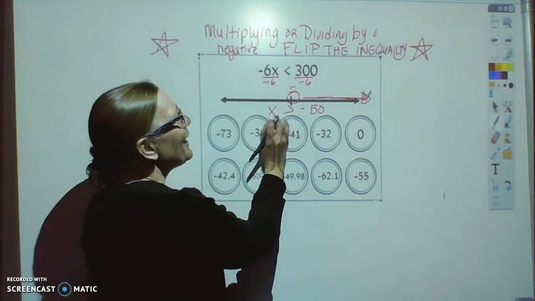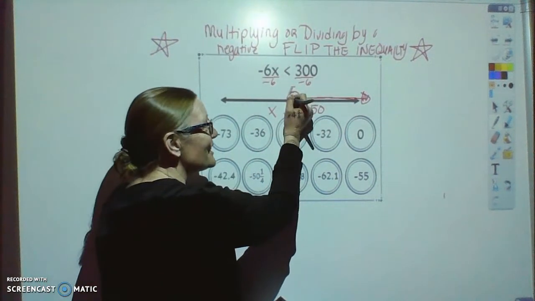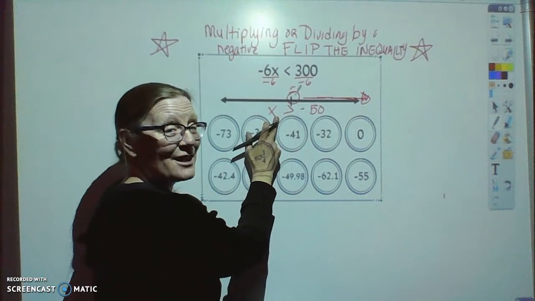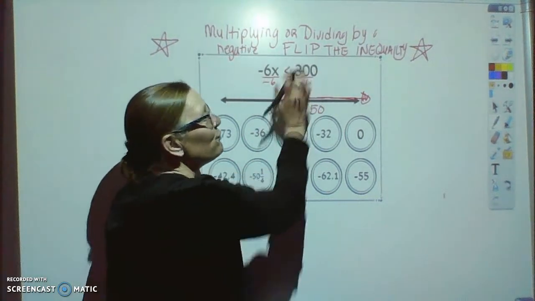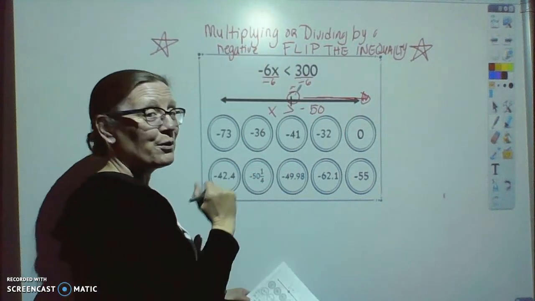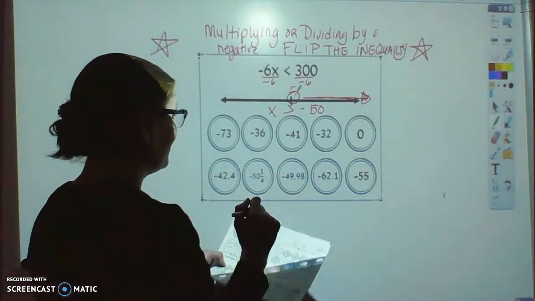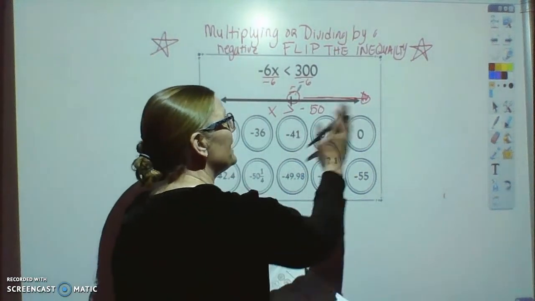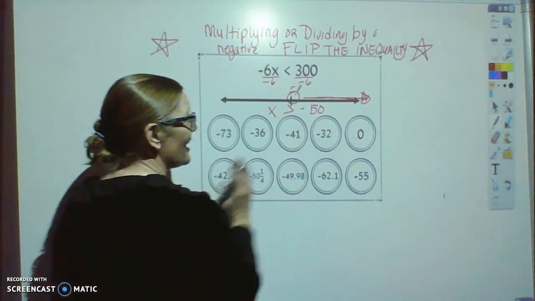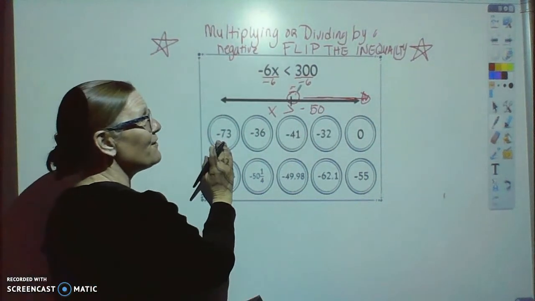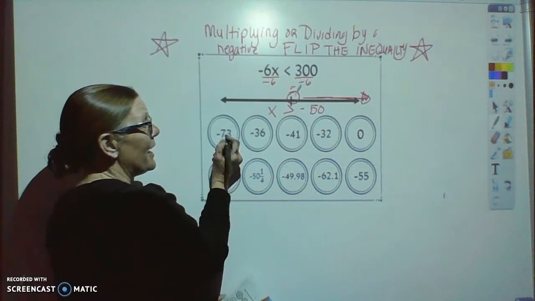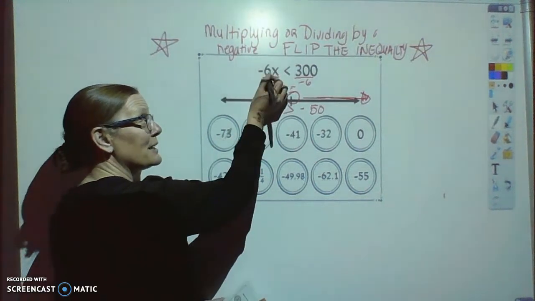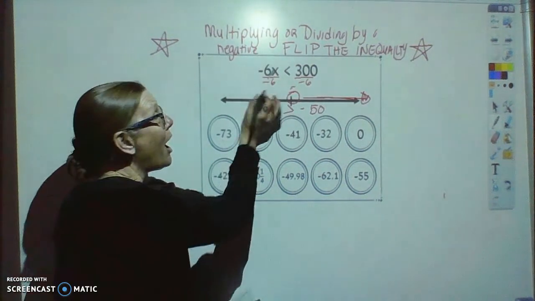All right, x is greater than negative 50. It's an open dot because we do not have that equal sign. And we had to flip the inequality when we divide or multiply by a negative. All right, now I am looking for all of the answers that would be to the right of this. Negative 73, and if you think about negative 73 times negative 6, that's going to be positive.